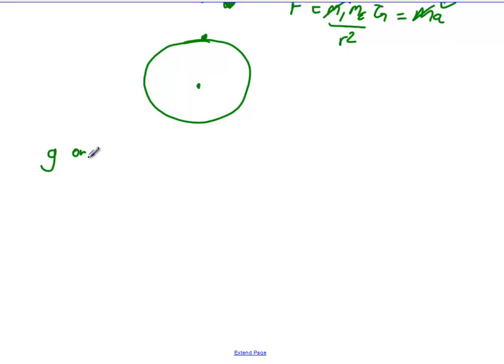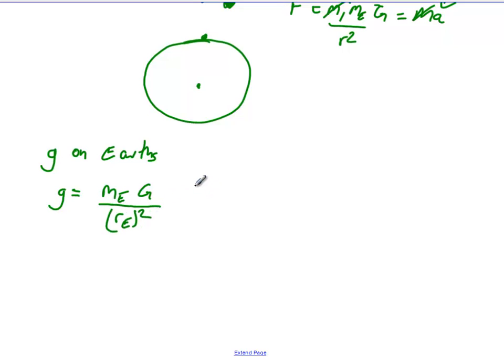g on Earth's surface. Okay, if I'm going to do this, then what I want is the equation for field strength, g, equals the mass of the Earth, because that's what I'm talking about, times G, the universal gravitational constant, divided by the radius of the Earth, squared.